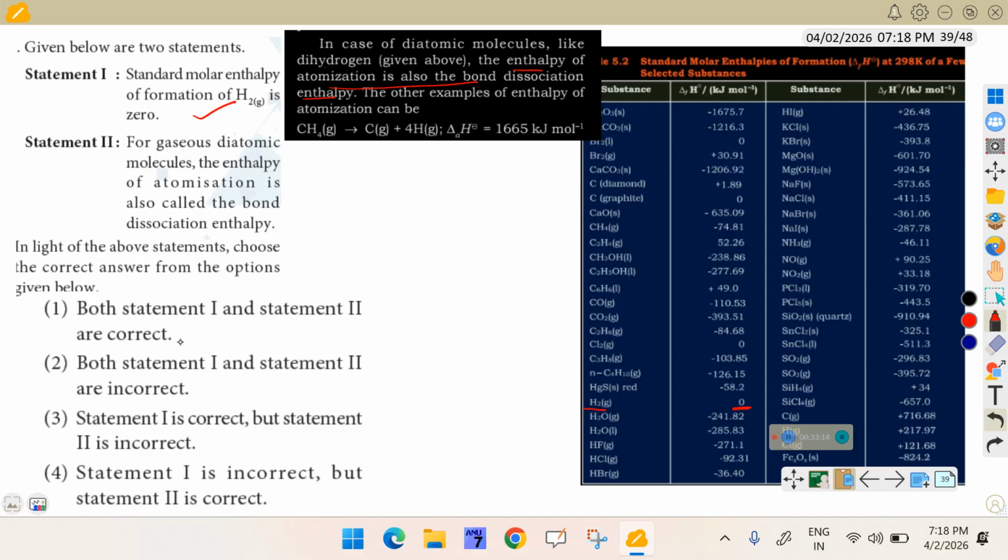Statement 1 and statement 2 are both correct. Enthalpy of formation of H2 gas is 0. After that Cl2 gas value is also 0. Carbon graphite is also 0. Bromine liquid standard enthalpy of formation is equal to 0. All these cases are 0.